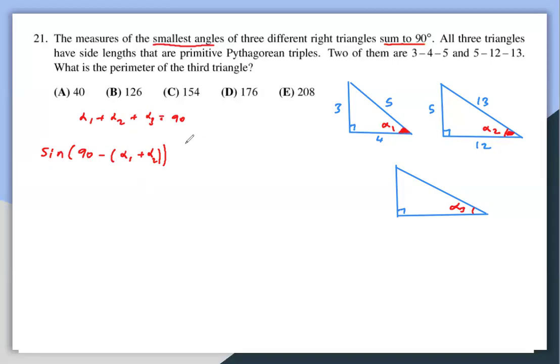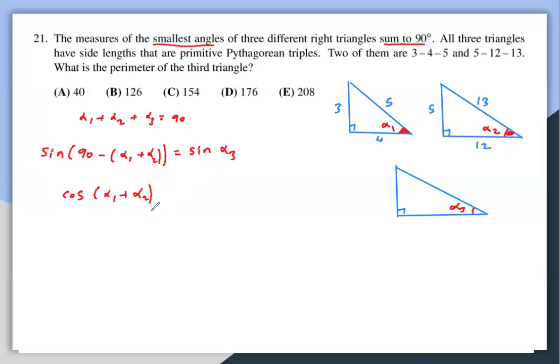So we can use that to our advantage. Let's write down sine alpha 3. When you take the sine of 90 minus something, it becomes a cosine. So that should be the cosine of alpha 1 plus alpha 2.